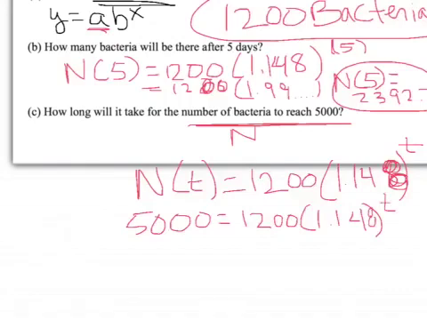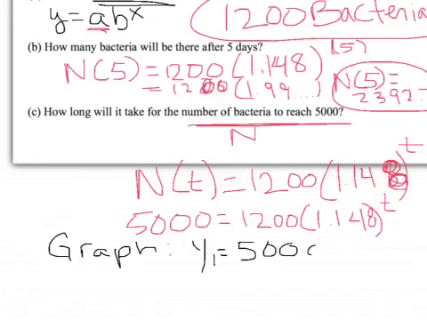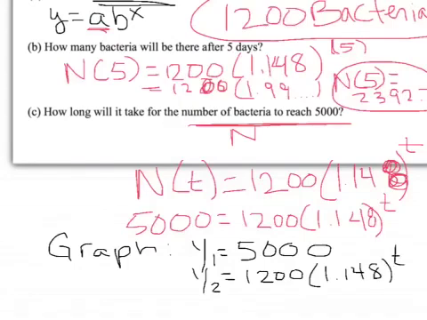So what we're actually going to do is graph in our graphing calculators tomorrow. We're going to make our y1 5,000, and we're going to make our y2 the function. We're going to graph both of those, and find where those two intersect.